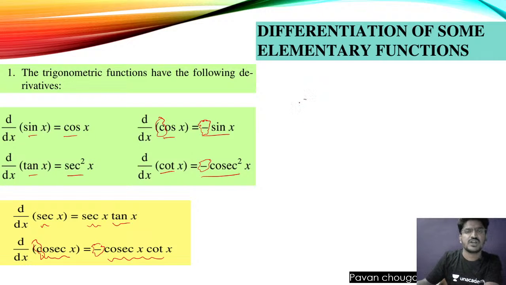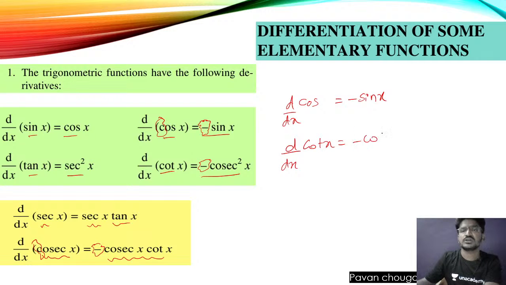Clear? If it starts with c, if it is a trigonometrical function, here the answer will be in the form of minus. Okay, d by dx of cos x is what? Minus sin x. I am talking only about differentiation. D by dx of cot x is what? Minus cosec square x.